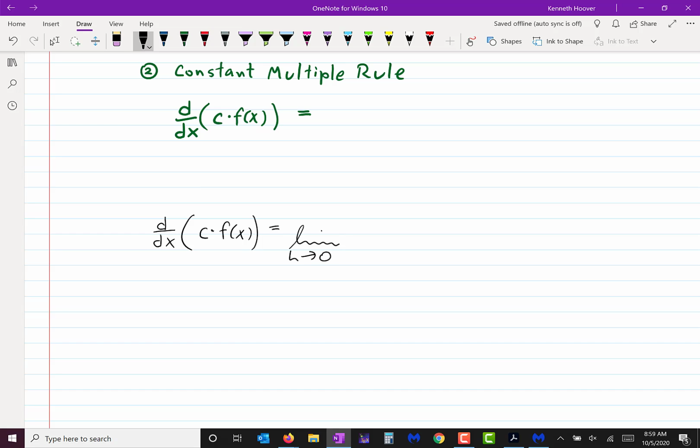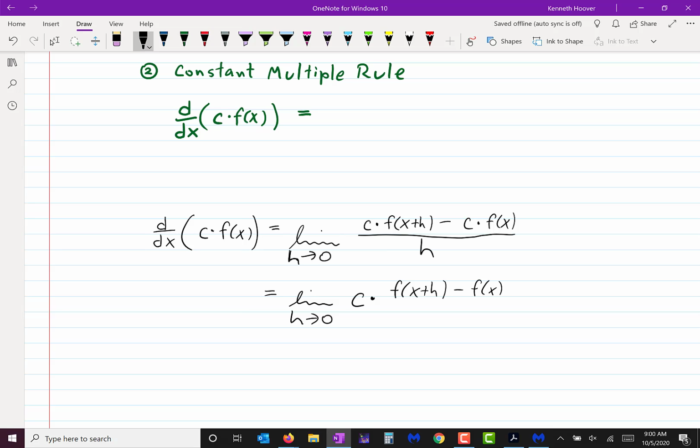The limit of c times f of x plus h minus c times f of x, over h. Well, look, I can just factor the c out, because both terms on top have that c.